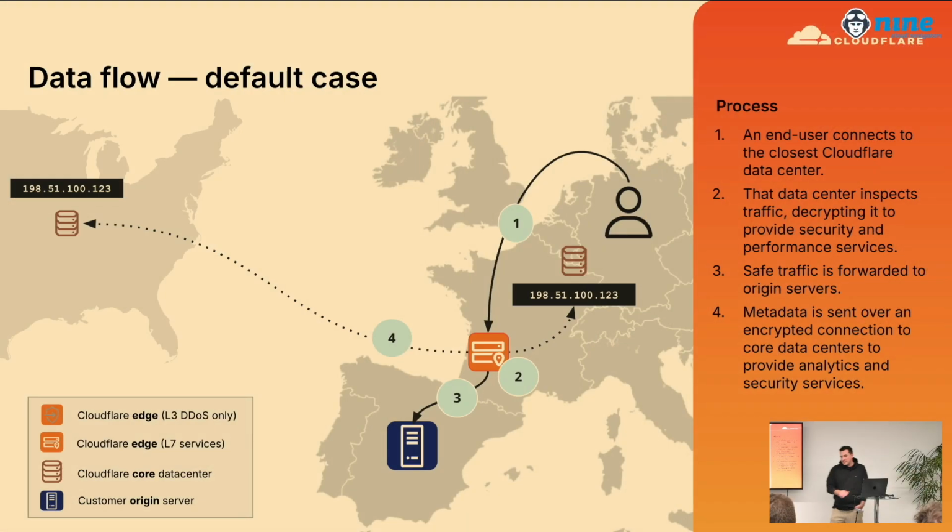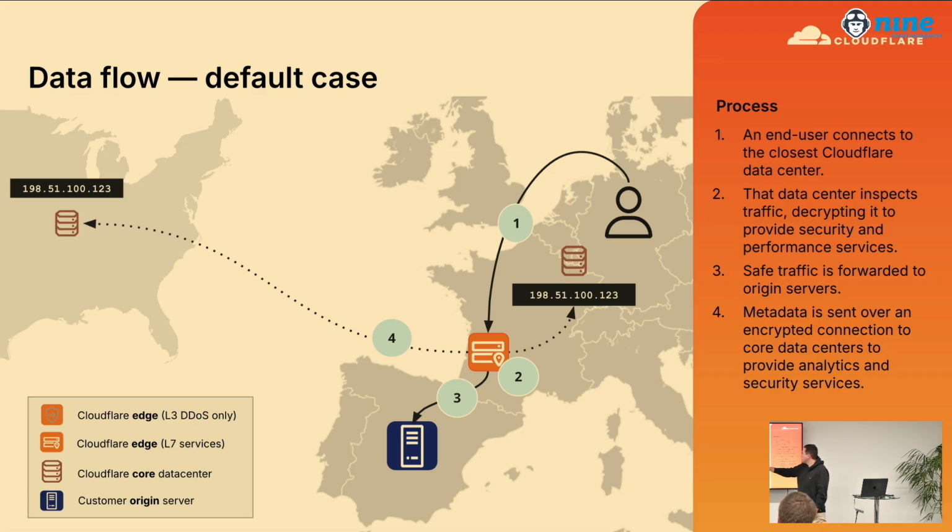Okay, let's talk a bit about what the default use case or the default data flow looks like, and why some customers ask Cloudflare whether we can change anything on this default behavior. So generally speaking, how an end user reaches Cloudflare is that the end user connects to the closest data center from Cloudflare, right? So you have the last mile from the ISP, which then connects to the Cloudflare POP.